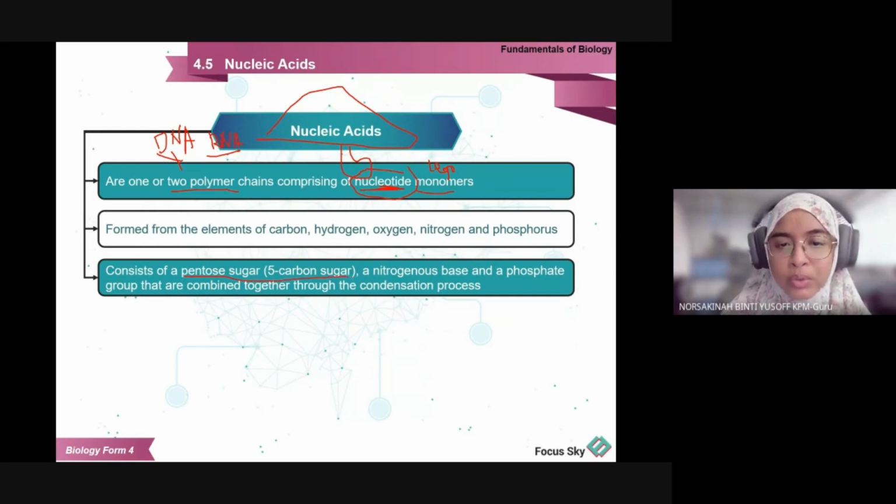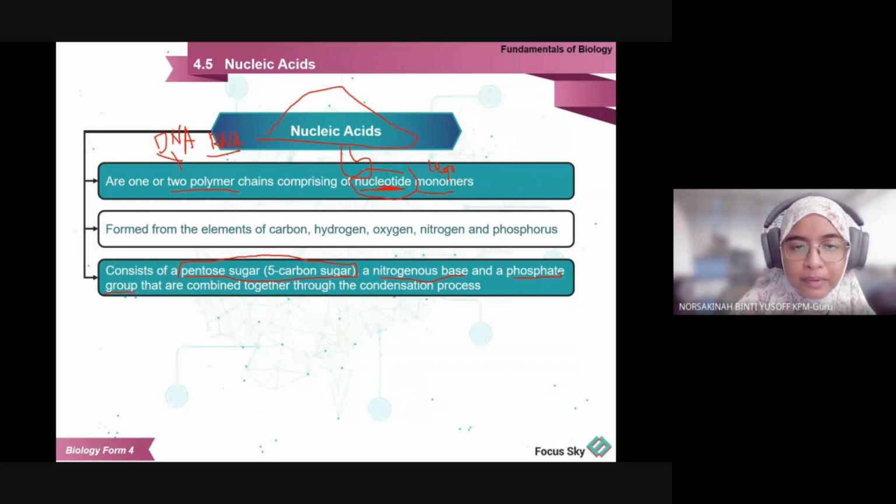To make DNA and RNA, you have to have these three things, just like if you want to make a pancake, you need egg and flour and what? Water. So like that, you also need the same ingredients. To make RNA and DNA, you need a pentose sugar, which is a 5-carbon sugar, a nitrogenous base, and a phosphate group.